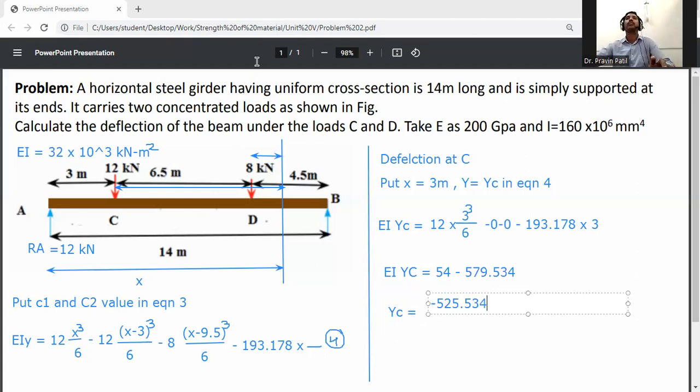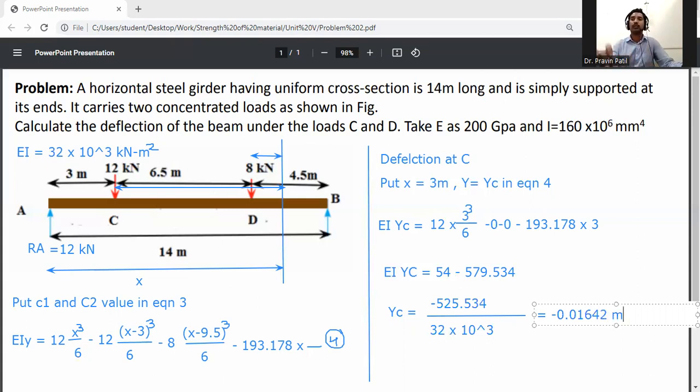And EI value we know, it is 32 into 10 raised to the power 3. So yc is equal to minus 525.534 divided by 32 into 10 raised to the power 3, which gives minus 0.0164 in meter.